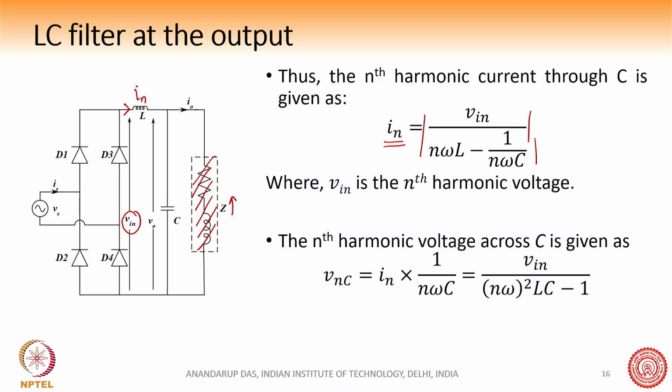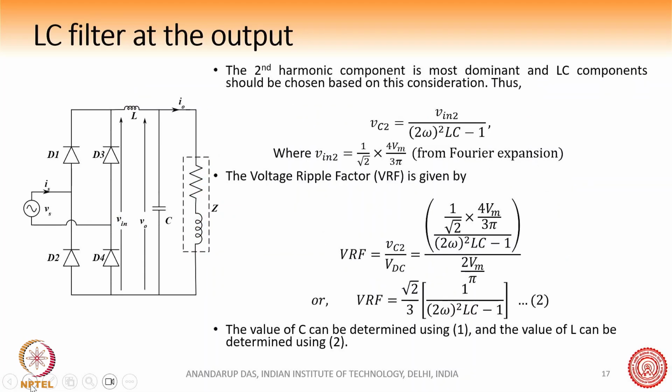This is the current flowing in here, and the nth harmonic voltage appearing across C is, if I assume that the entire current flows through the capacitor, In into 1 by n omega C, which is the voltage across the capacitor, something like this.